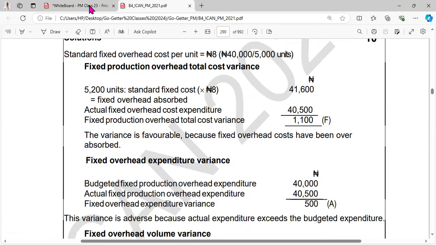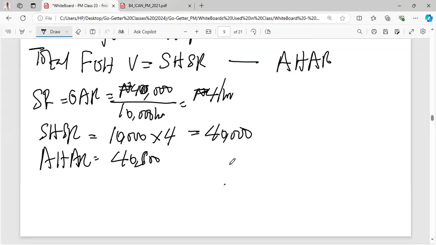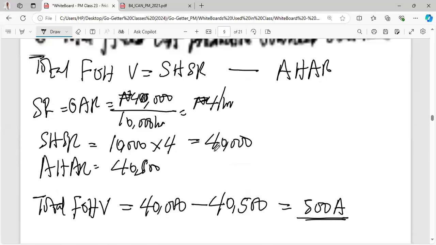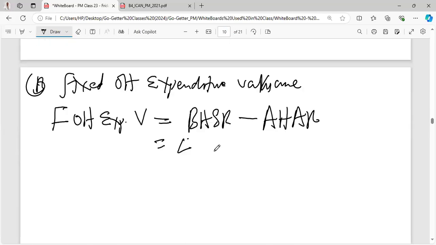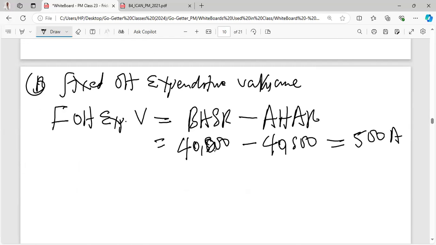What I just did here was expenditure variance. So I will just repeat it: 40,000 minus 40,500, which is 500 adverse. Sometimes this variance could be tricky, but let's see what was done here.